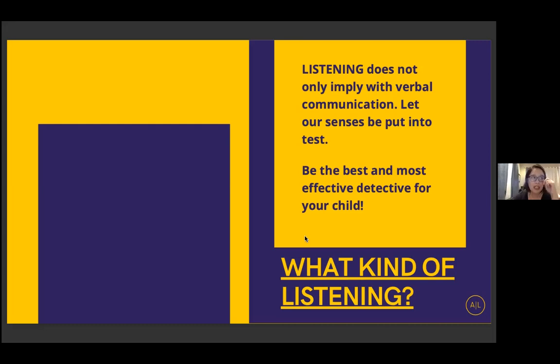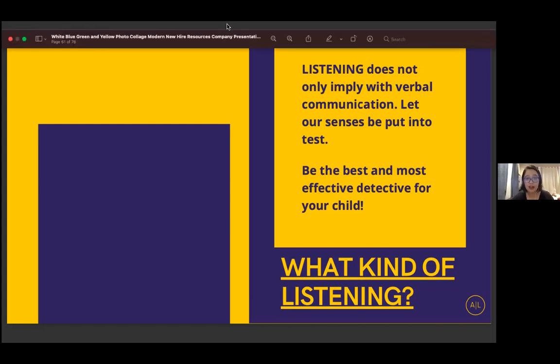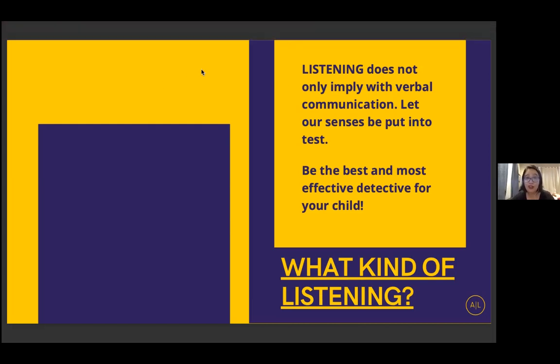When I say listening, your nose also needs to have ears. Your eyes also need to have ears. Your skin needs to have ears. Why? It's because some kids are not that verbal yet. And it's important that you also have ears for your eyes, for your nose, and other senses.